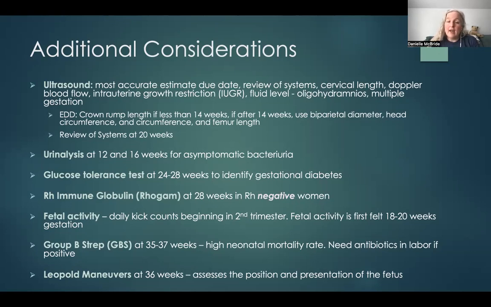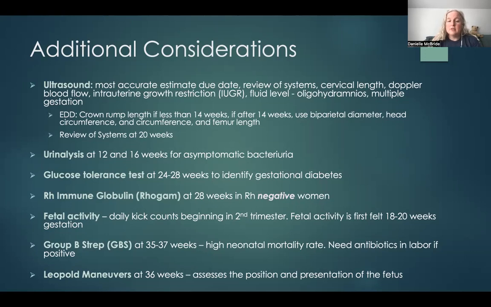So we test for that. So at 24 to 28 weeks, we do a glucose tolerance test. If you've had a baby before, that would be when you had to drink the really sweet drink and then they drew your blood. Okay. RhoGAM at 28 weeks for the Rh negative mom.